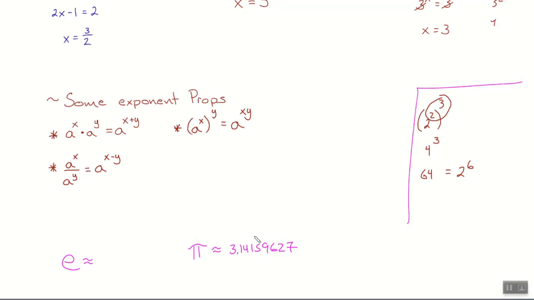It is approximately 2.7828, blah, blah. You did find out on the calculator. Am I right? 71828? And it keeps going. It's just like pi.